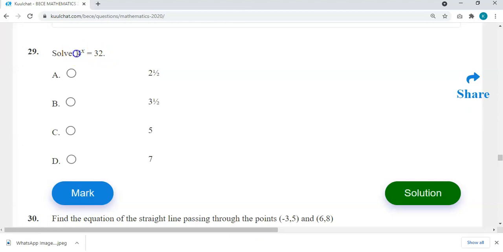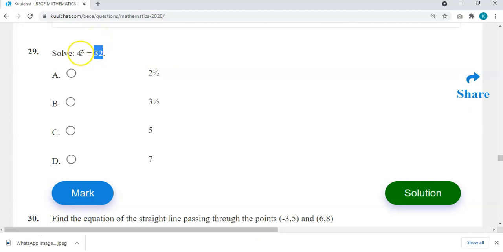We have 4 to the power x, but you cannot express 32 in base 4. So you have to ask yourself which number can go into 4 and 32 at the same time, so that I can express them as a base with an exponent.